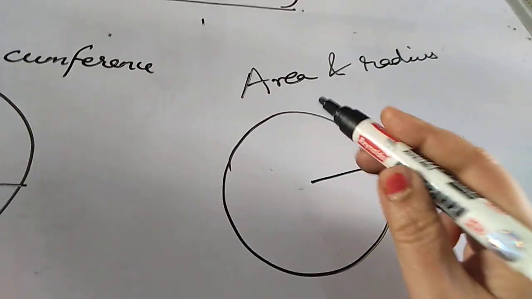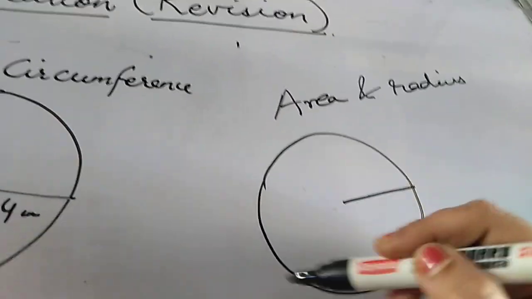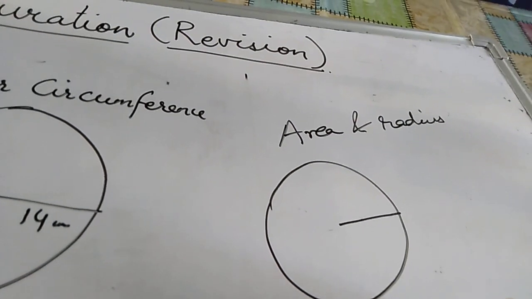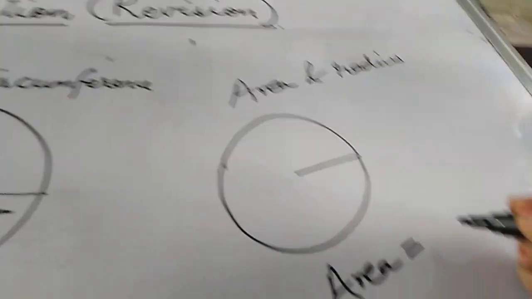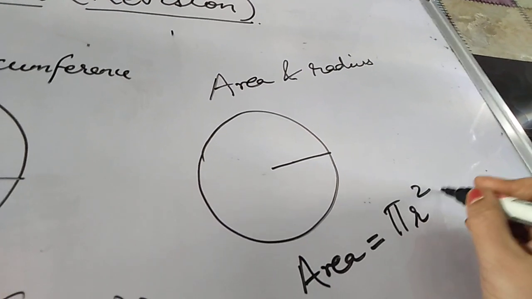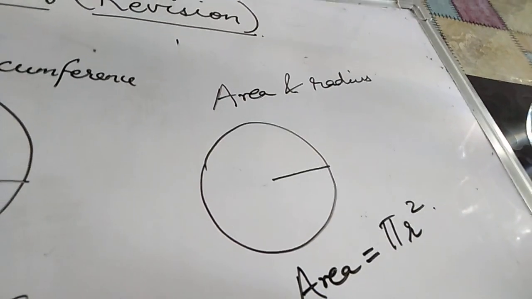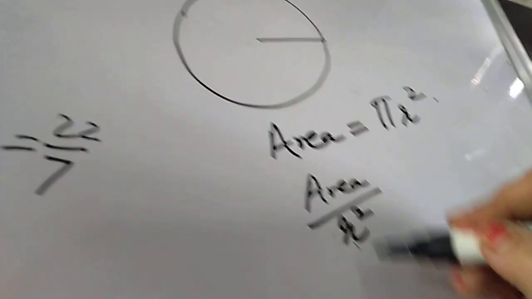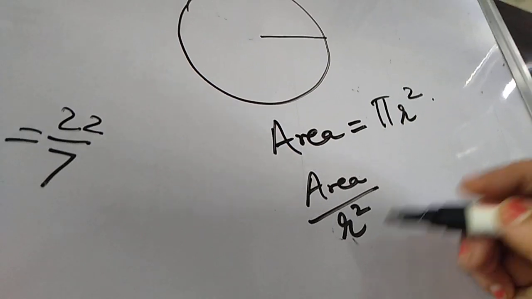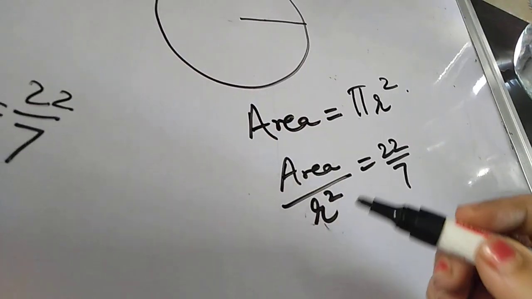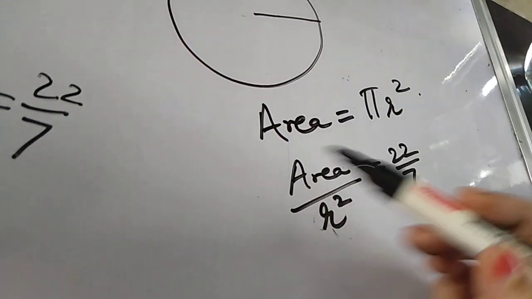In a circle on a graph paper, you will find the number of full squares and the number of half squares, and then again he came to the conclusion that area is equal to pi r square. That means he found the area of different circles divided by the square of the radius. And again it was coming 22 by 7. Different radii, different areas, he drew different circles.